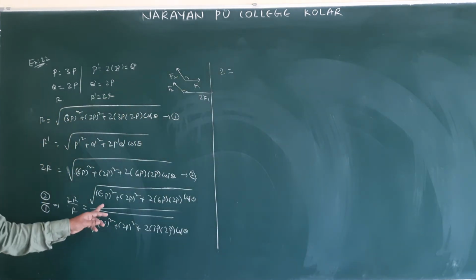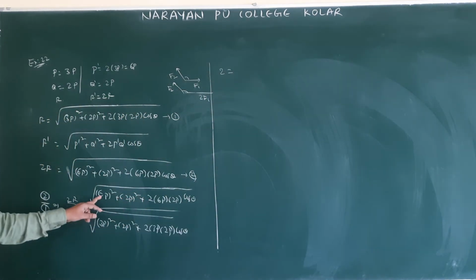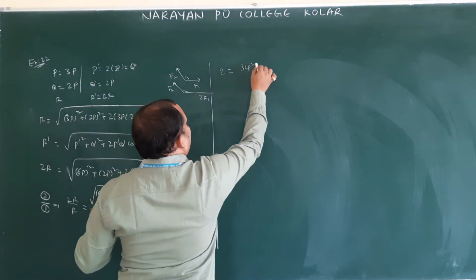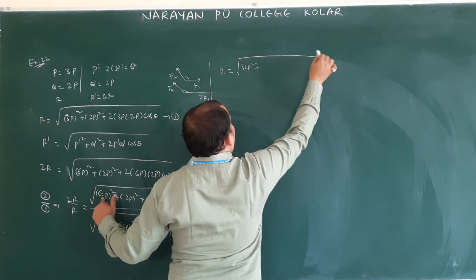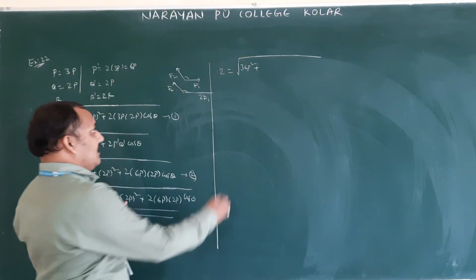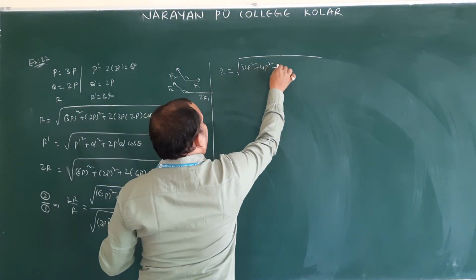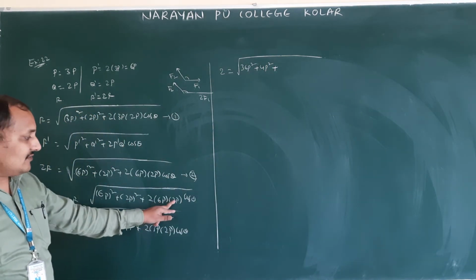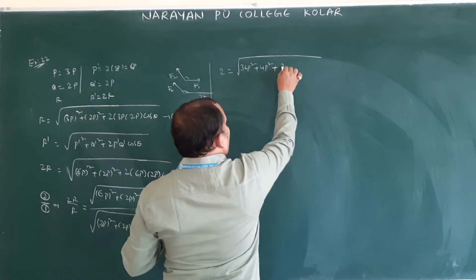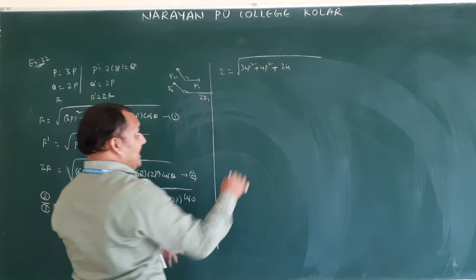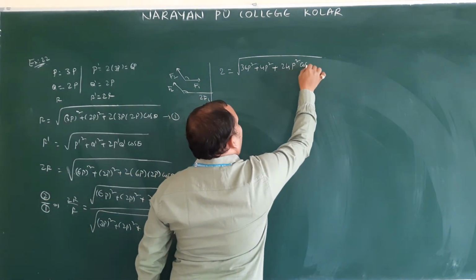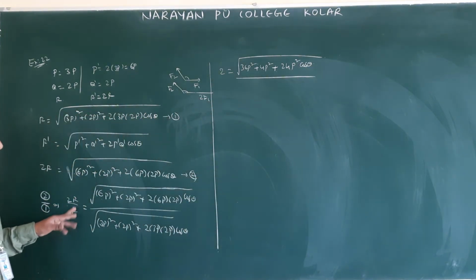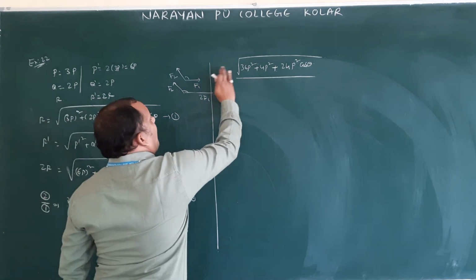2 is equal to, inside this square root you get 6 6s are 36, so 36 p square. 2 2s are 4 p square. 6 2s are 12, 12 2s are 24. So 24 p square cos theta, divided by, in LHS 2r by r is equal to 2.